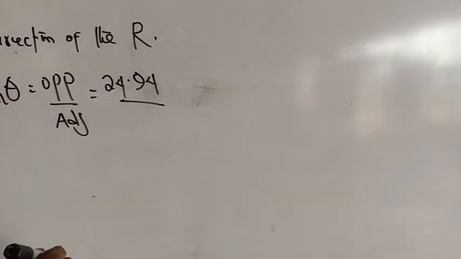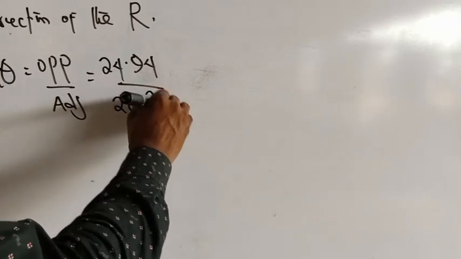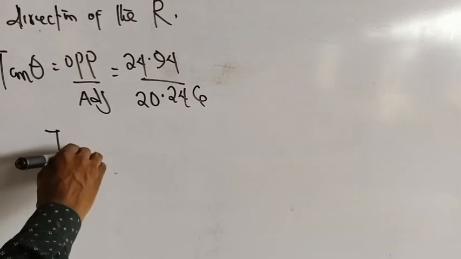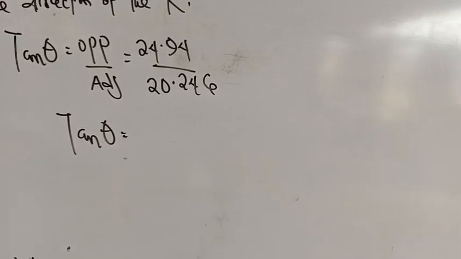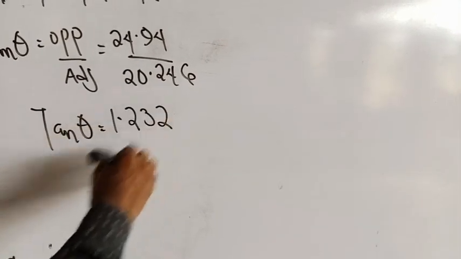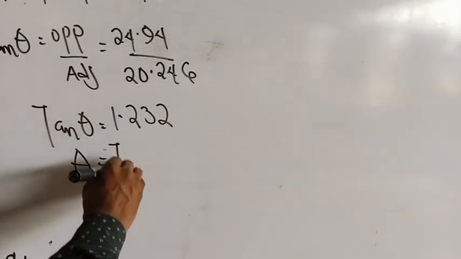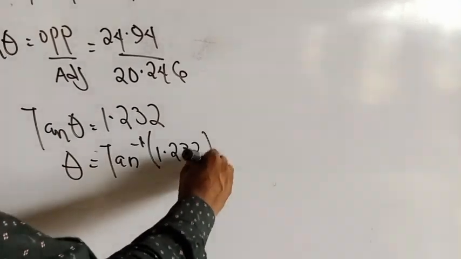The adjacent is the horizontal force, 20.246. So tan theta will give us 1.232. So theta is the tan inverse of 1.232.